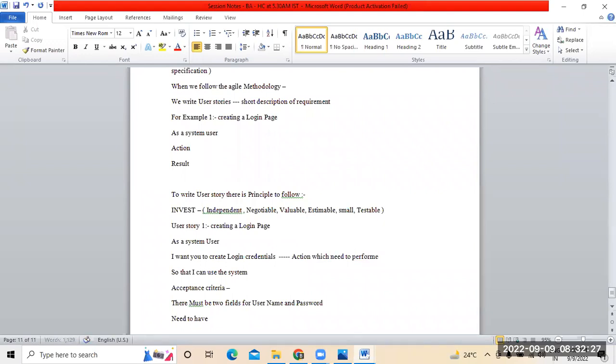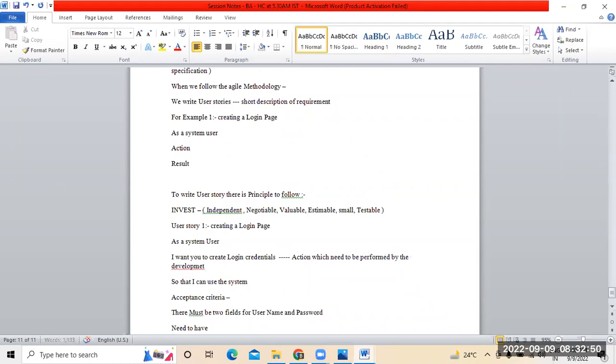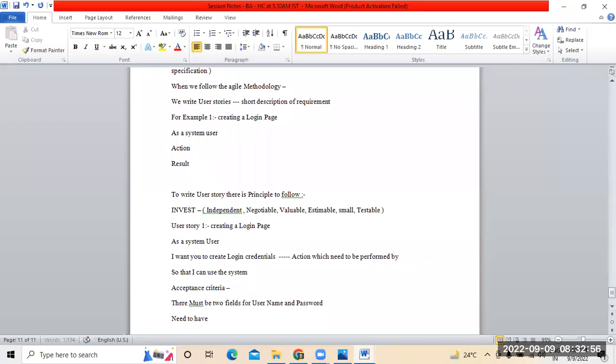Because this is not necessary in order to explain that, I have written it. Normally, when you write a user story, we don't write all that. So in order to explain that, I have written and I have deleted. This is what I have written. And this is what I have deleted.